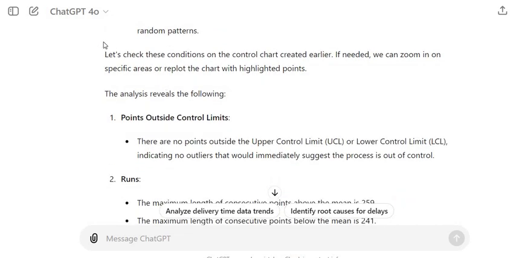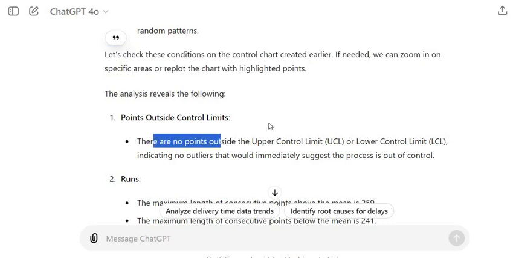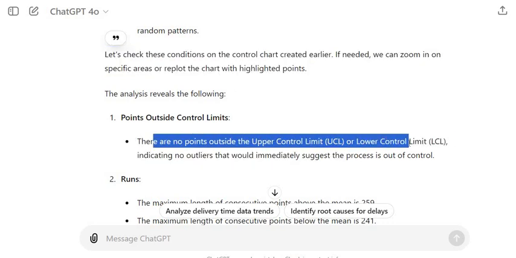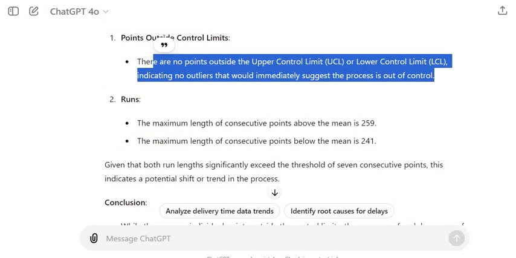Then it ran some code to check these conditions, and then it told me that there are no points outside the upper control limit or lower control limit, indicating no outlier that would immediately suggest the process is out of control. Okay, so we are good there.